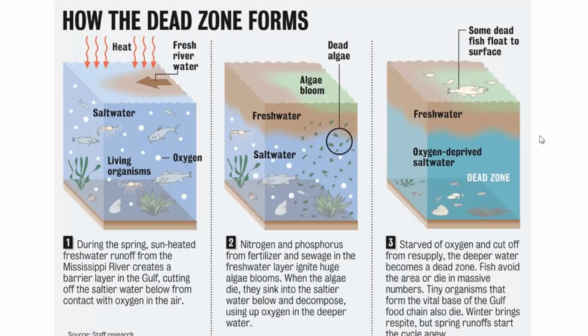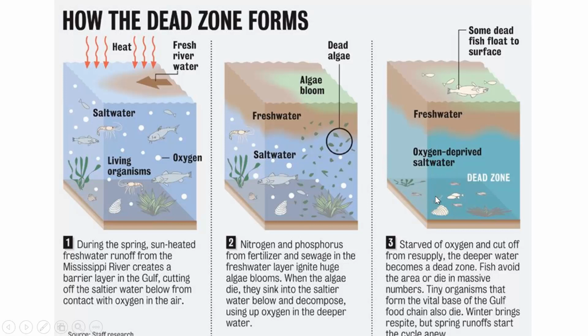So let's summarize. We talked about how fertilizer from farms seeps down into rivers or oceans. Then that fertilizer, because of the nitrate, causes algae to bloom and to grow, like what you see here. Eventually that algae dies and goes to the bottom of the ocean, and then bacteria begin to eat away at the algae.